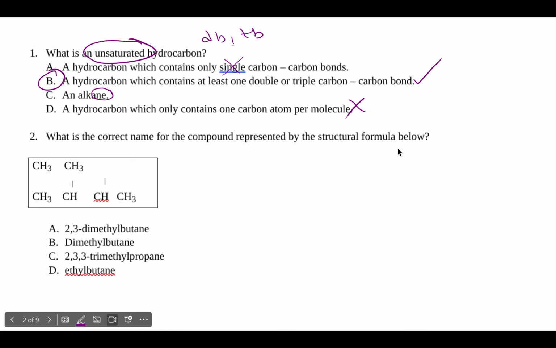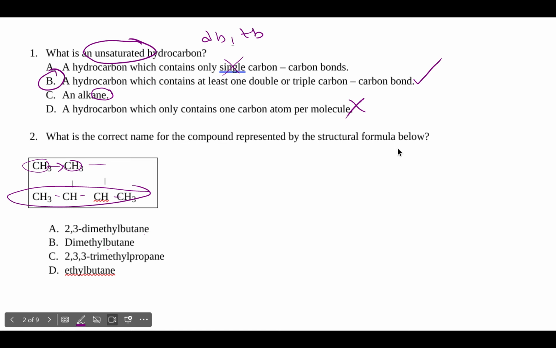The next one, naming the correct name for this compound. I believe this is just the formatting. It looks a little bit weird here. I think this was just moved over and this is just moved over. So you definitely have butane as your longest chain because it's all single bonds, and we would have lines in here.